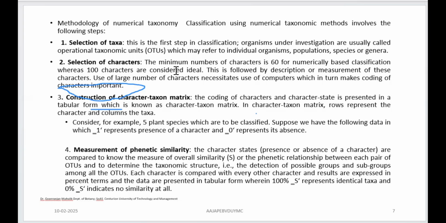Now, construction of the character taxon matrix, how is it done? The coding of characters and character states is given in a tabular form, and it is called a character taxon matrix. In the character taxon matrix, there are rows and columns, right? So rows represent the characters and columns represent the taxa.